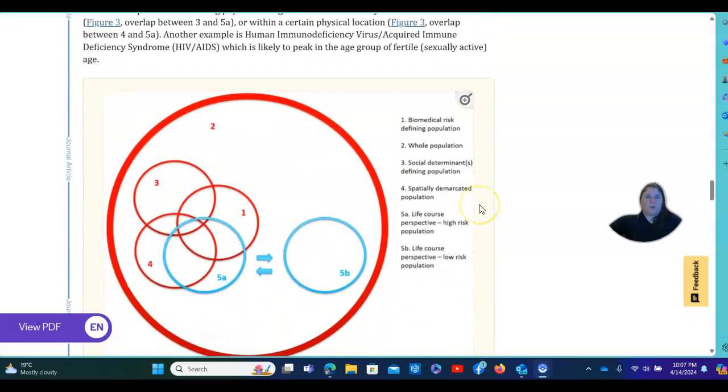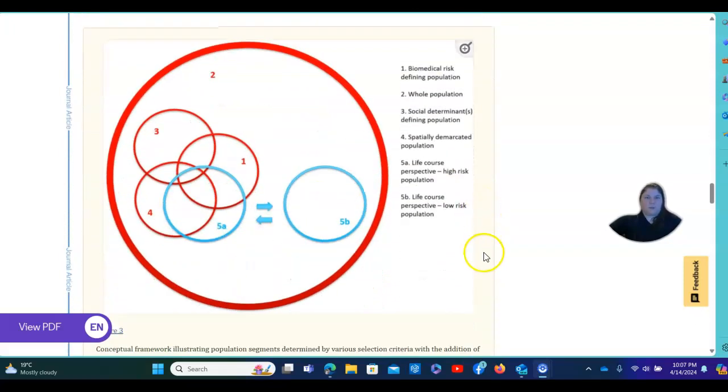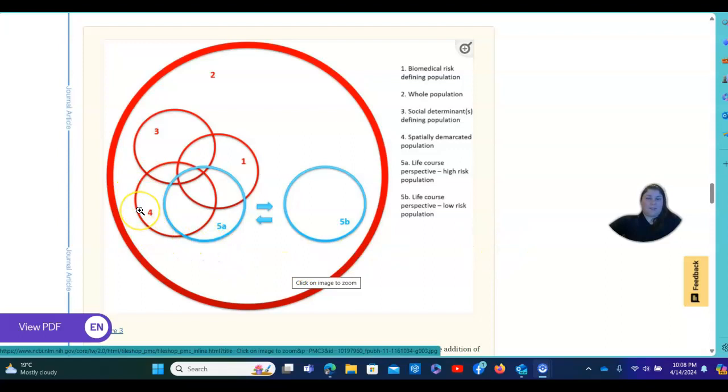So you also could look at all of that together. So segments of the population versus the whole population. You could look at where someone lives in relation to the social determinants of health they experience versus their life course and identify a population that way.